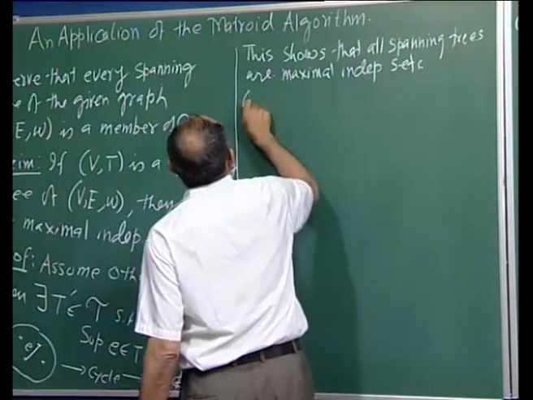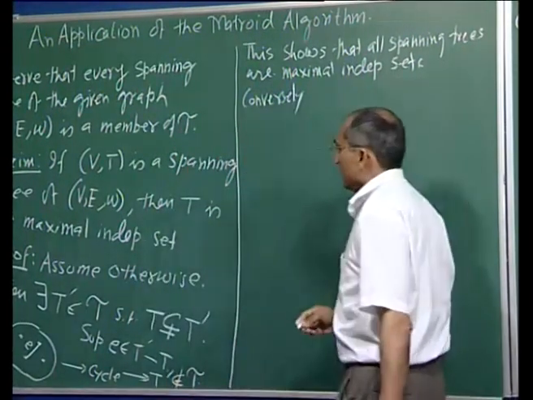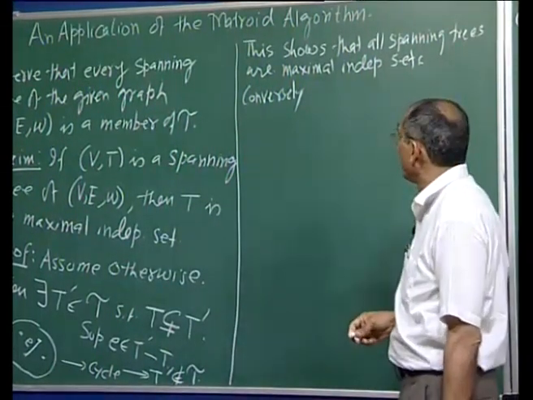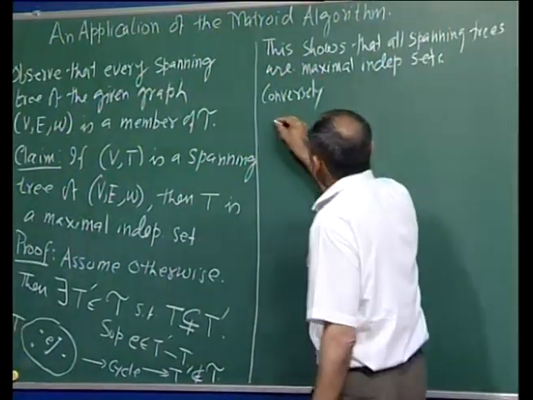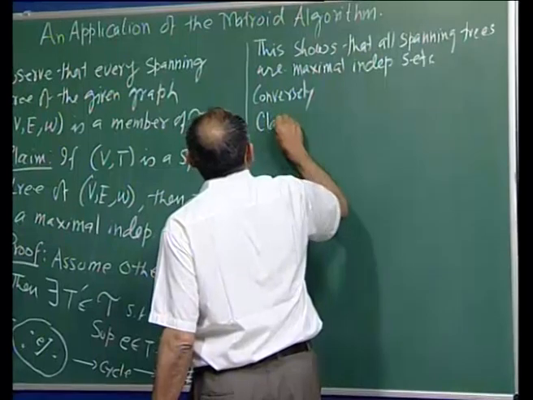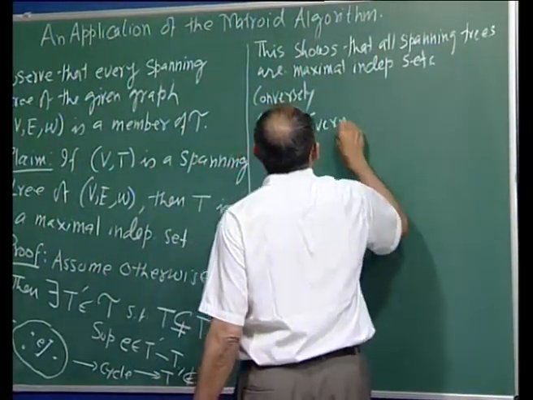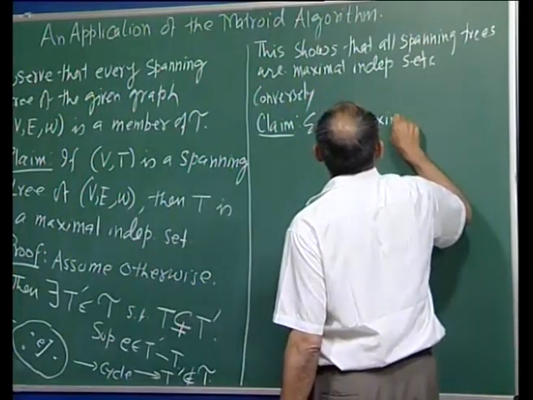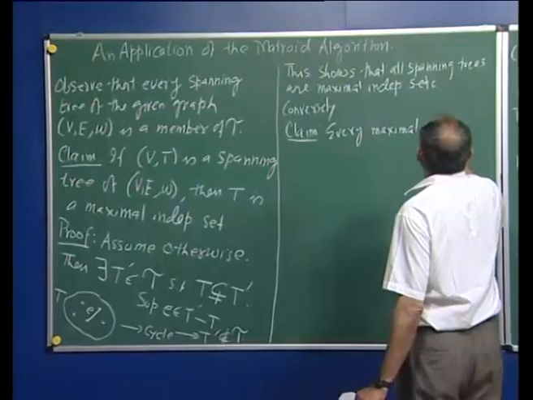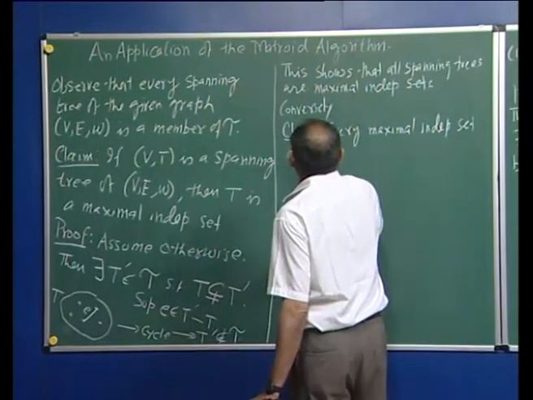Now, conversely, we will now claim every maximal member is a spanning tree.